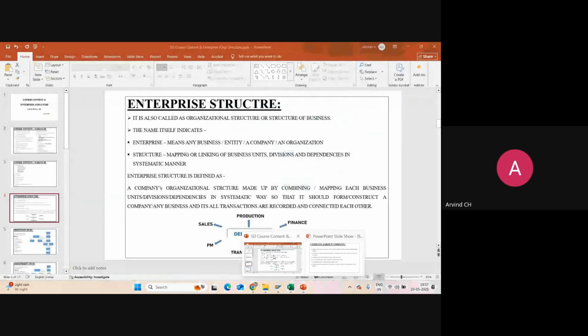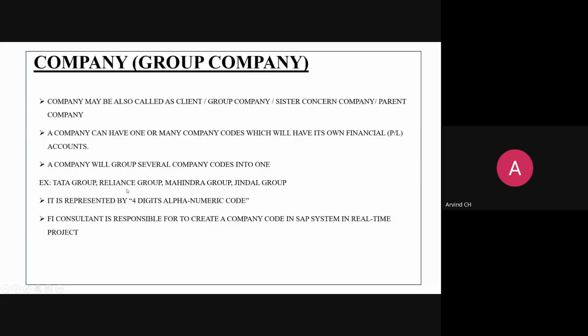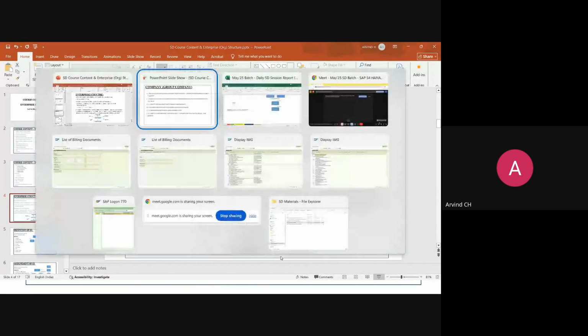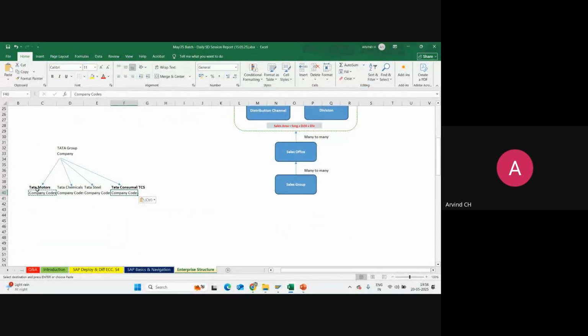So a company can have one or many company codes, which will have their own financial profit and loss accounts or balance statements. See this, what we call here the Tata Motors.